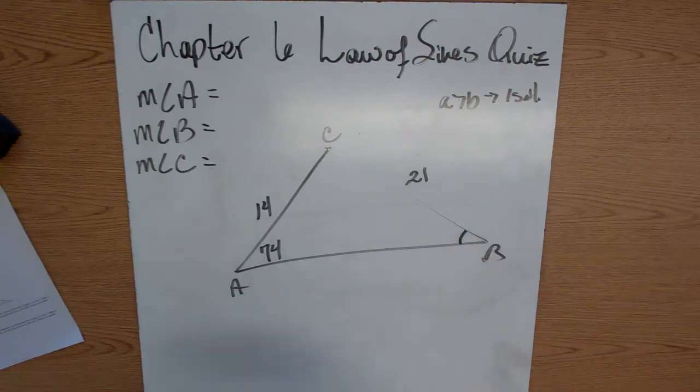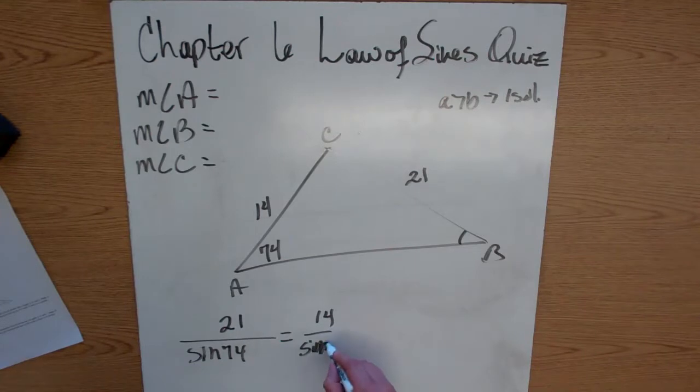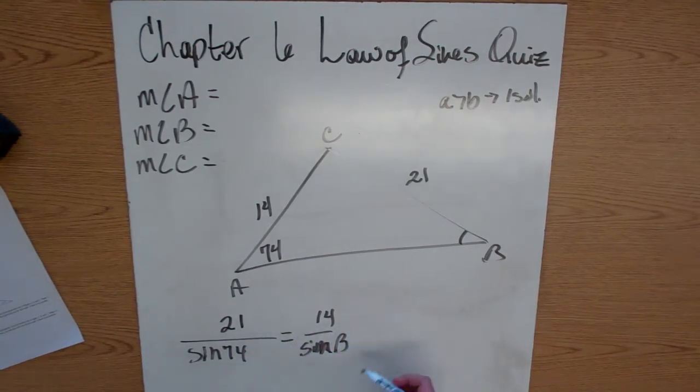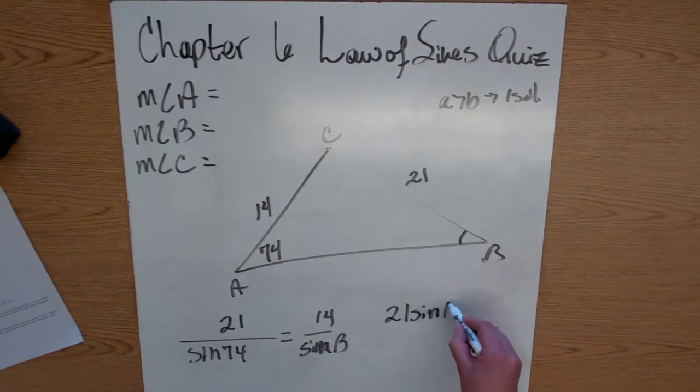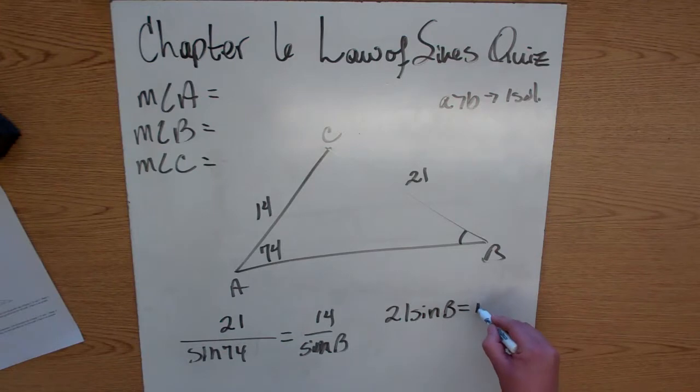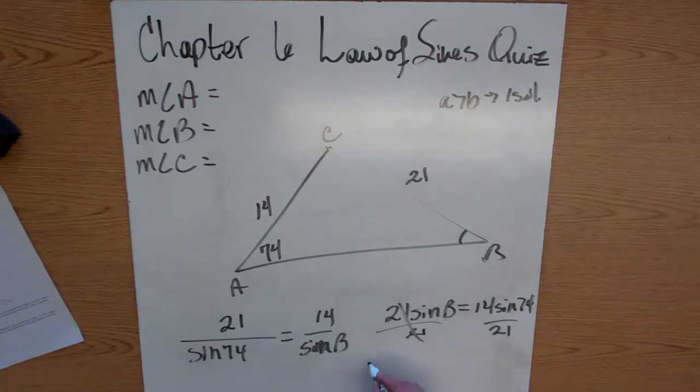We're trying to find angle B, so we know that 21 over the sine of 74 degrees equals 14 over the sine of angle B. Now cross multiply because you're looking for the angle. So 21 times the sine of B equals 14 times the sine of 74. Divide both sides by 21.